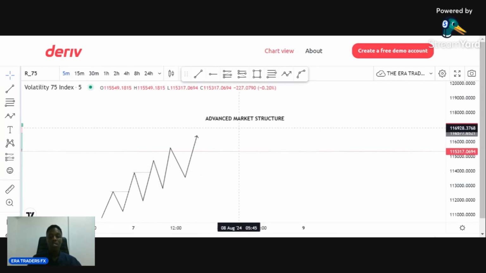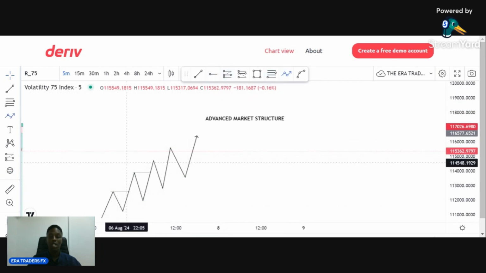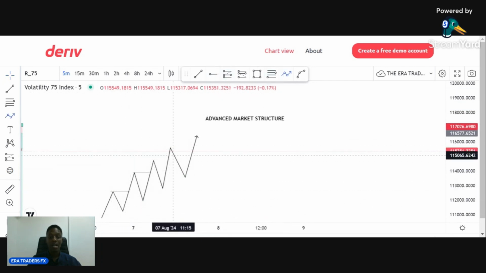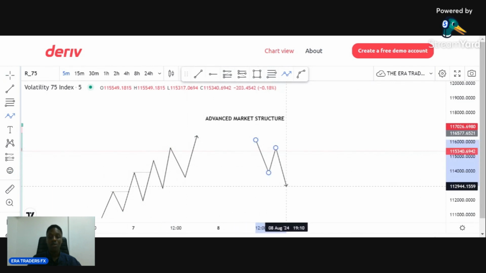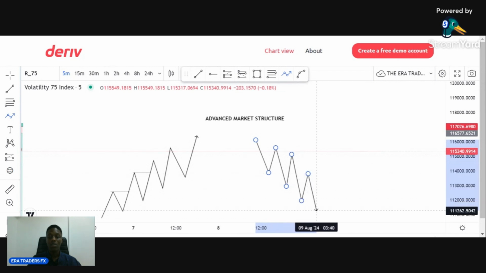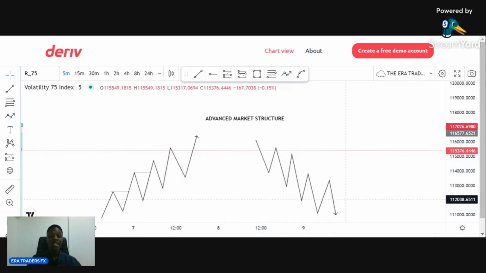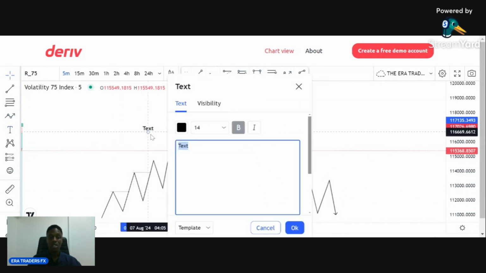So for an uptrend we have the normal basic market structure, higher lows, higher lows, higher lows. While for the downtrend we have lower low, lower high, lower low, lower high, right? But in real sense, let me just put it for those of you that may be new.